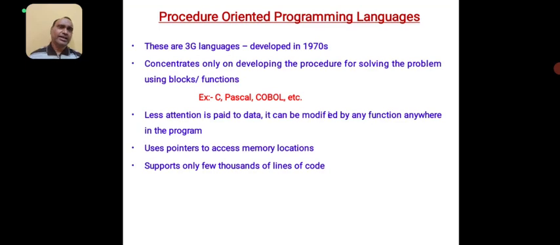And another difficulty with procedure-oriented programming languages is that when you develop any application using them, it generates huge code. So if huge code is generated, what happens? Identifying the errors in the program is very difficult, and modifying the program is also difficult. If you want to modify some portion of the program, where is that location in the program?